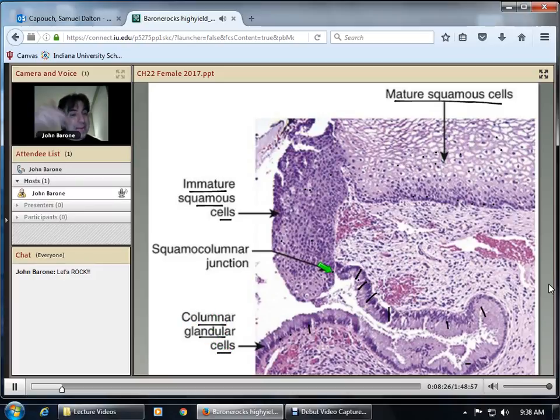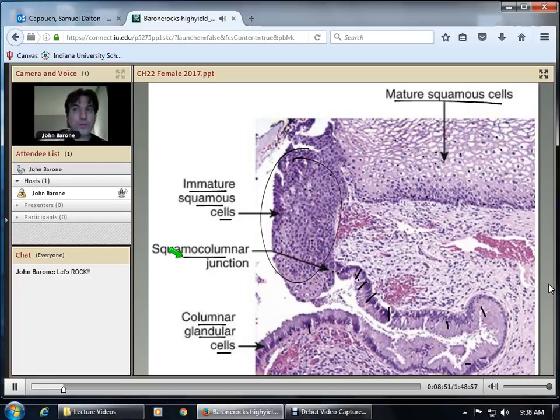This is the endocervical area, which is lined by columnar glandular cells. So right here is the junction between immature squamous cells and the columnar cells. Again, this immature area is what HPV loves the most. It will also infect mature cells, but it really likes this transformation zone.